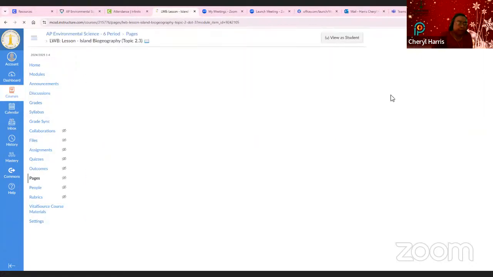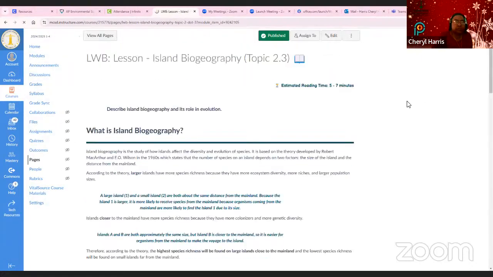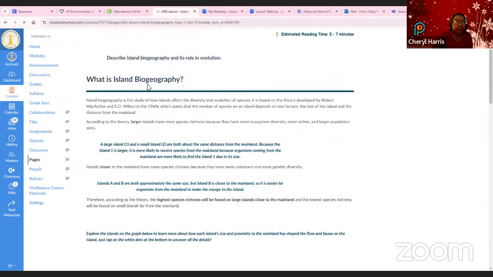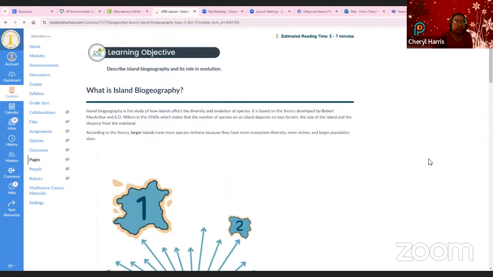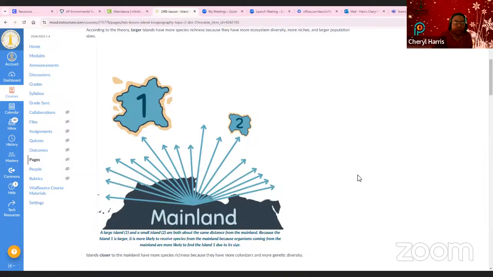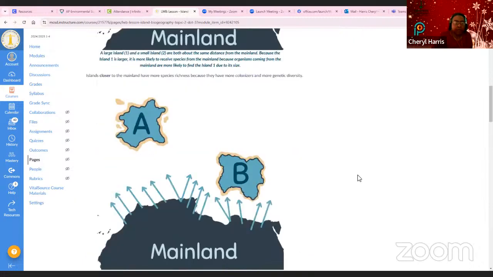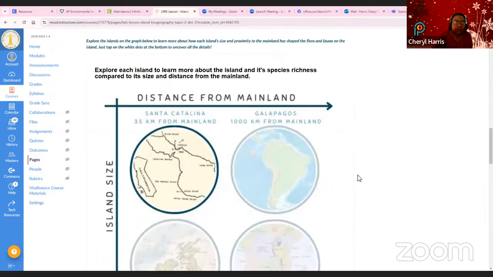All right, and we spent all that time and that was just unit 2. Okay, what is island biogeography? So know what that is. We looked at our barrier islands.